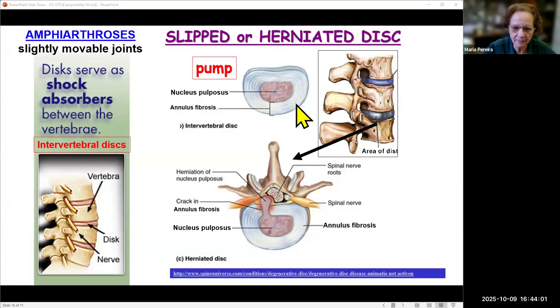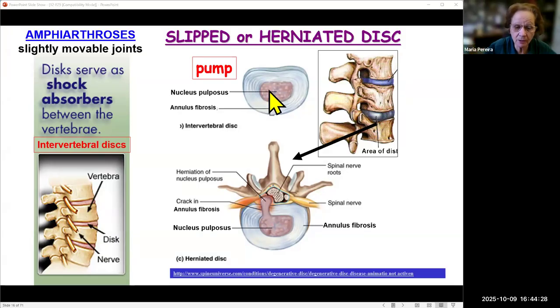It's made of fibrous connective tissue, with many, many layers. So it's pretty strong, and its function is to prevent the inside, which is the nucleus pulposus, from coming out. So it stays within the area where two vertebrae meet.